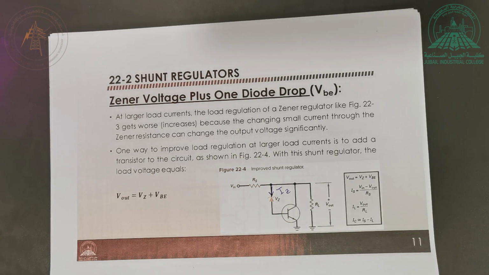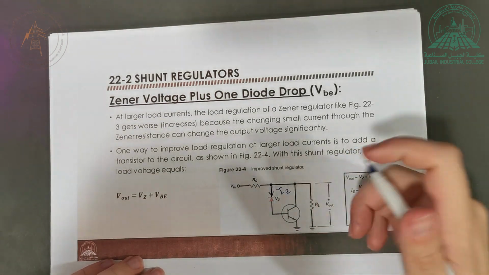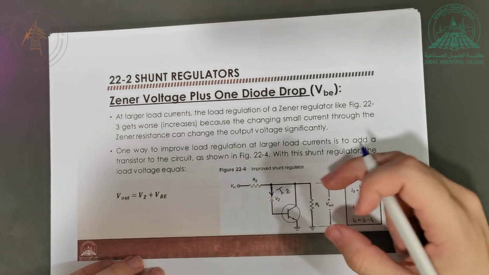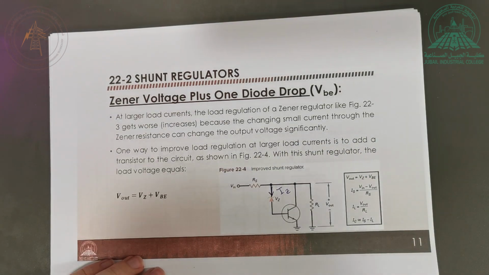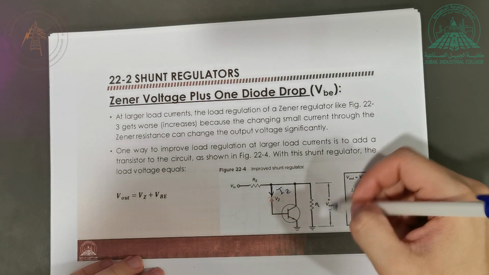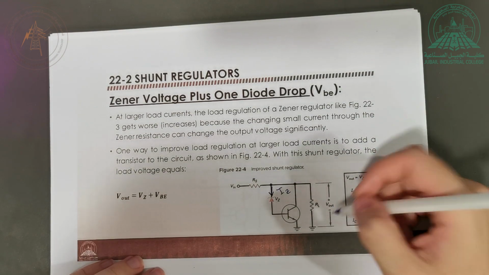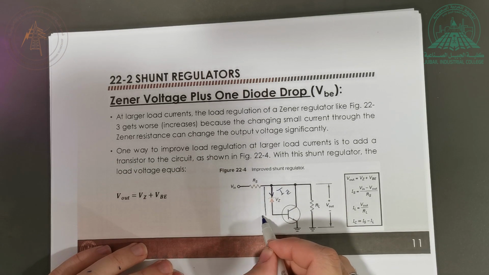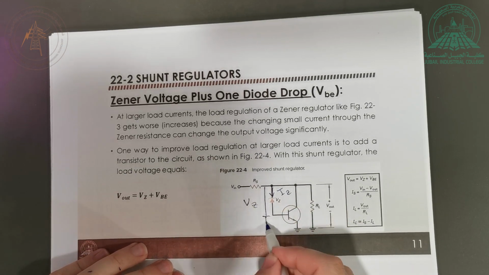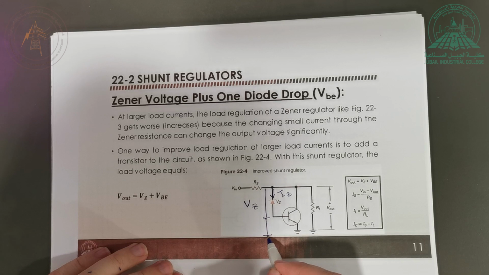So in this case, what are the differences in the design? Let's first talk about V out. What is V out equal to? Is V out parallel with the VZ? No, it's not parallel with VZ alone. V out is equal to what according to KVL? It's equal to VZ, from here to here, plus from here to here, till ground.